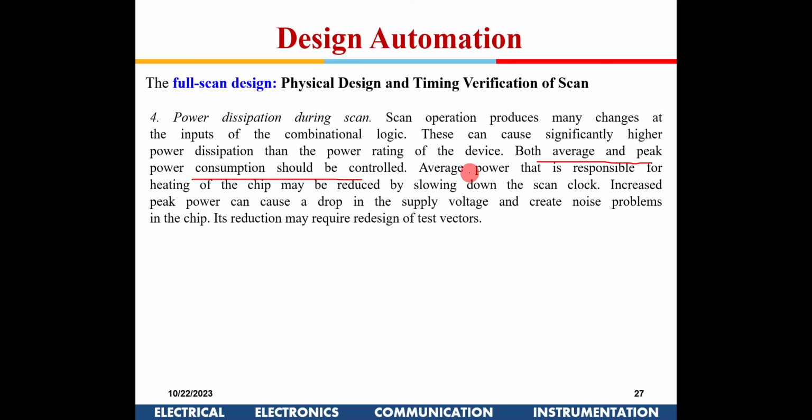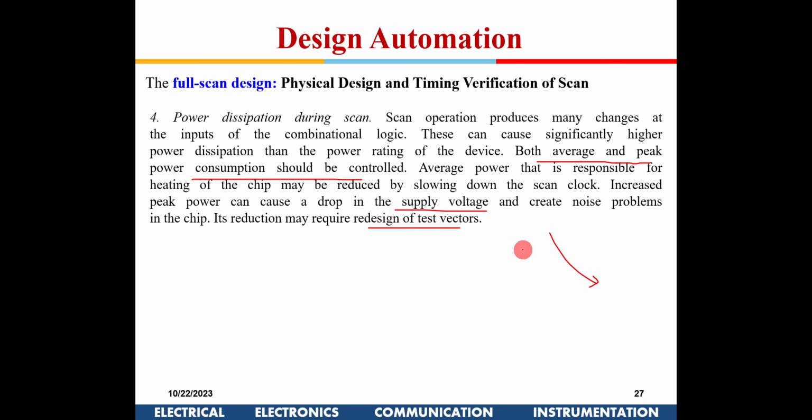So there could be some additional power dissipation happening during scan. And sometimes in the scan operation, if there is no violation of the static timing requirements, we would want to scan out the data at a very fast rate.